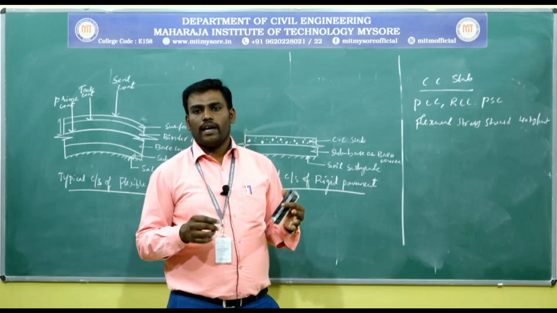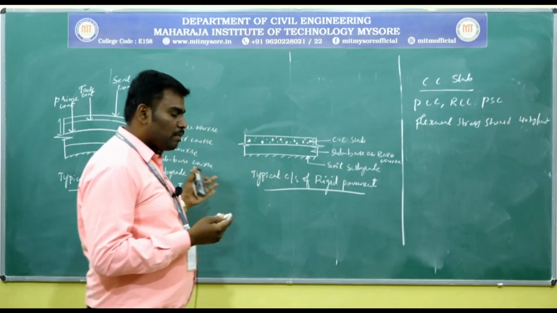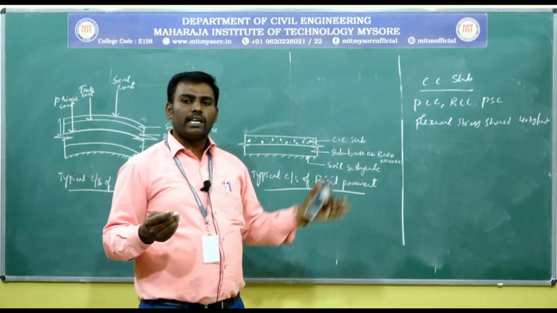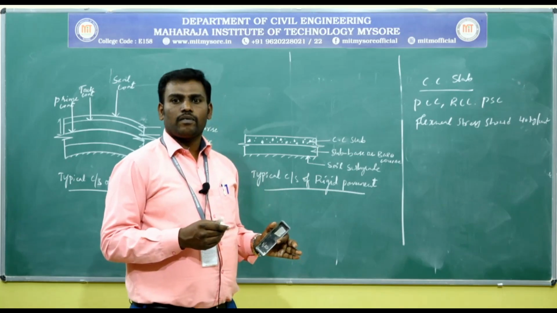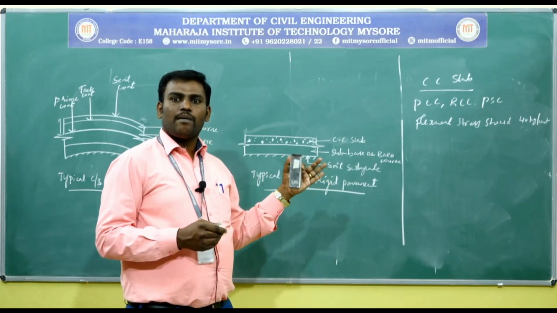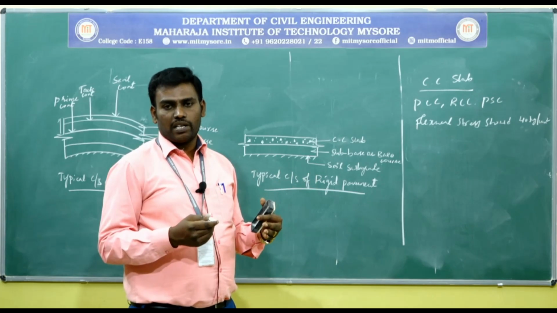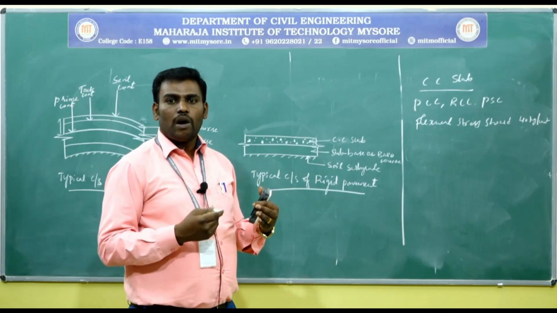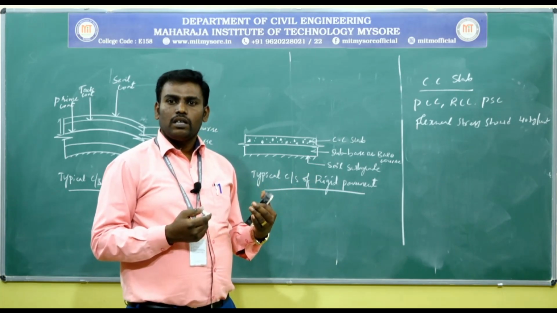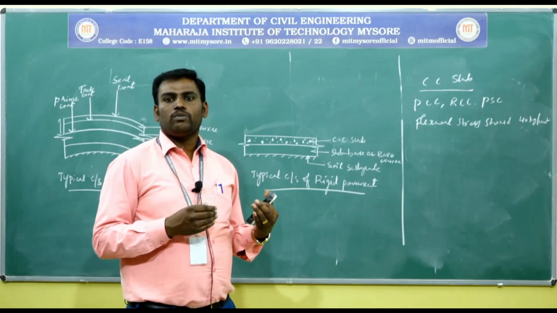Is it clear? Okay, as in your flexible pavement, the same functions will be applicable for the CC slab. The CC slab should have sufficient, adequate coefficient of friction to avoid skidding of vehicles, and the pavement surface should be smooth and even.